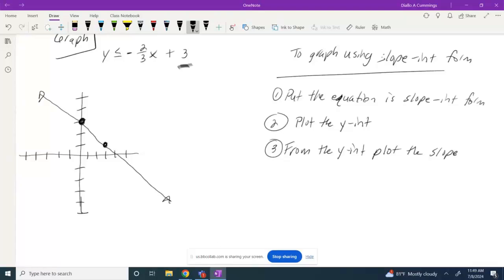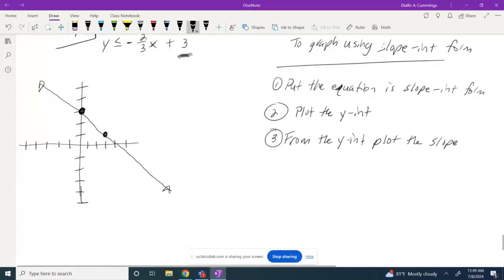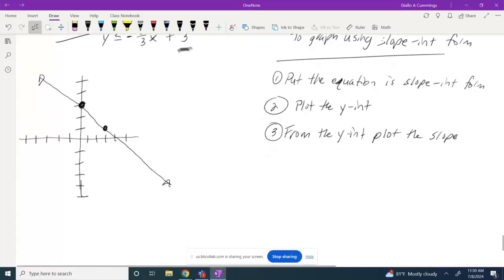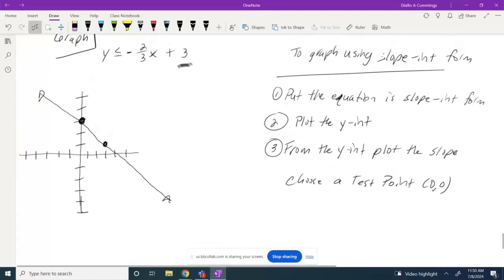Since we have an inequality, we need to choose which side of the line that we're going to shade. So we're going to use what's called a test point. And the test point that's commonly chosen is 0, 0. If 0, 0 is not actually a point on the line, it's easy to substitute zeros into your function.